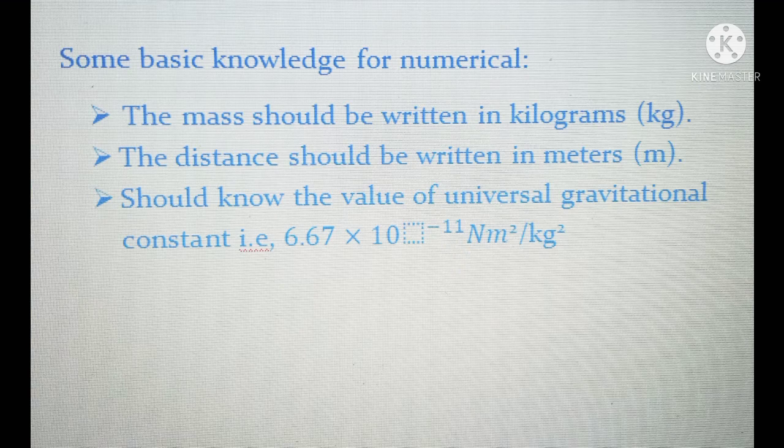And the most important thing is that we should know the value of the universal gravitational constant, which is 6.67 times 10 to the power minus 11 Newton meter square per kg square. And last but not the least, we should also know the formula of force, which is F is equal to G m1 times m2 upon d square. So these things should be kept in mind before doing any numerical questions.